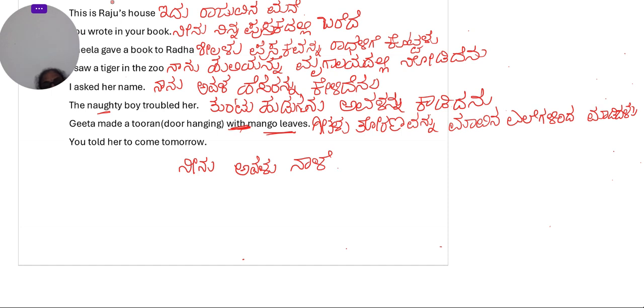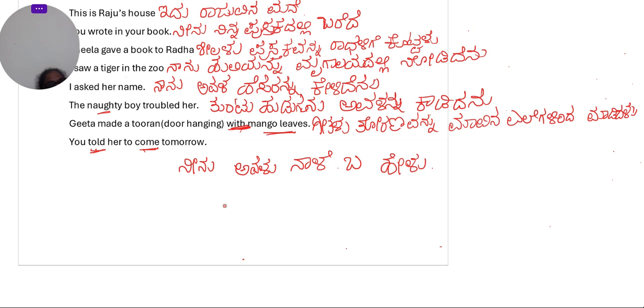Now we are having two verbs. Come, told. Okay. So first we will put come. Come is ba. And told is helu. Okay.